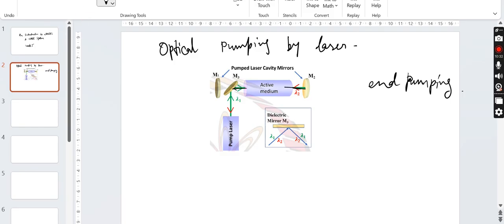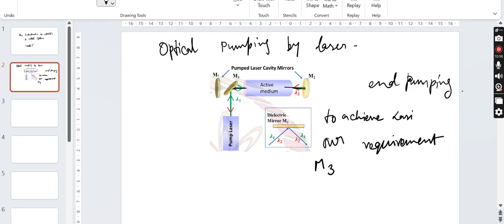Here, the light is reaching M3, and it's not reaching M1. So in that case, our requirement to achieve lasing action is that M3 should reflect only level 1.